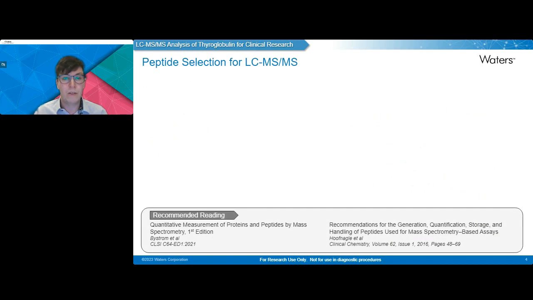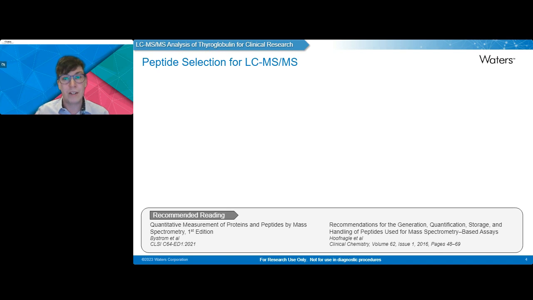Now, moving on to peptide selection for LC-MS. You can identify your protein of interest, but how do you go about selecting the target peptide to provide sufficient analytical sensitivity, selectivity, and reproducibility of the workflow?